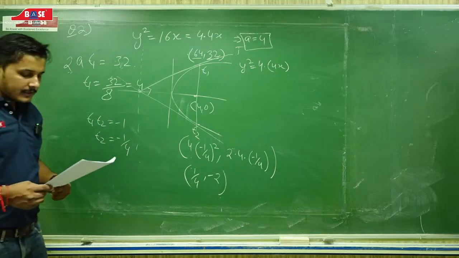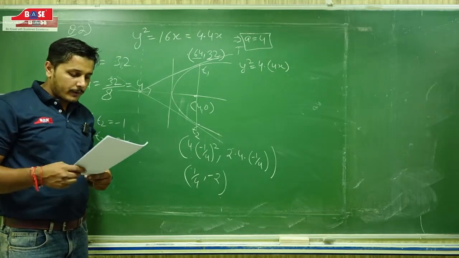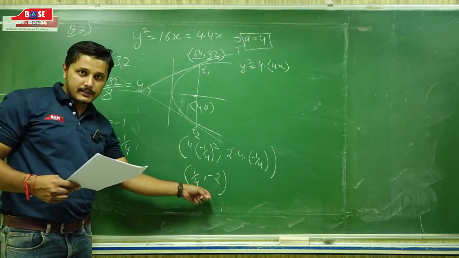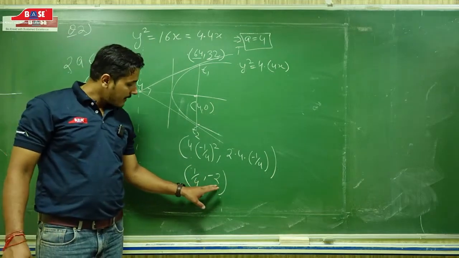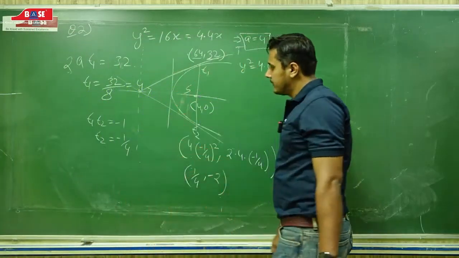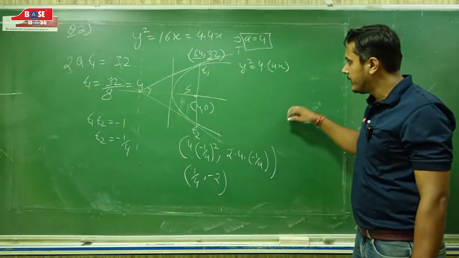Now the question is asking to find the distance of the point, which they are stating as x1, comma y1. So the distance between the focus S and this point.